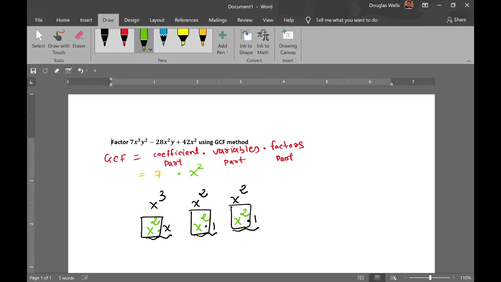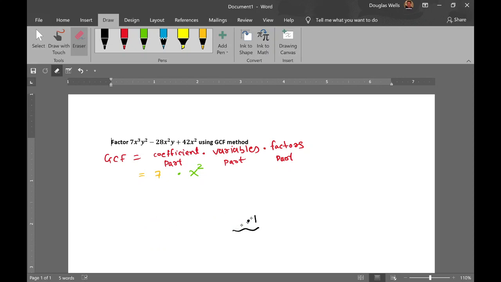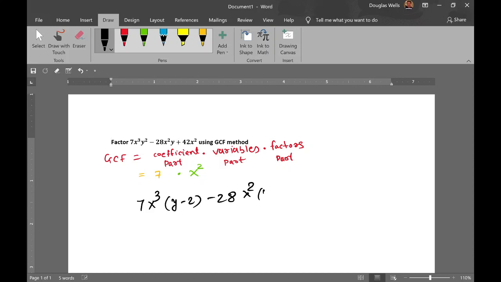Do I have any factors or factor part in my question? What I meant for that particular question is this. Do I have in my question something like this? Something like this.